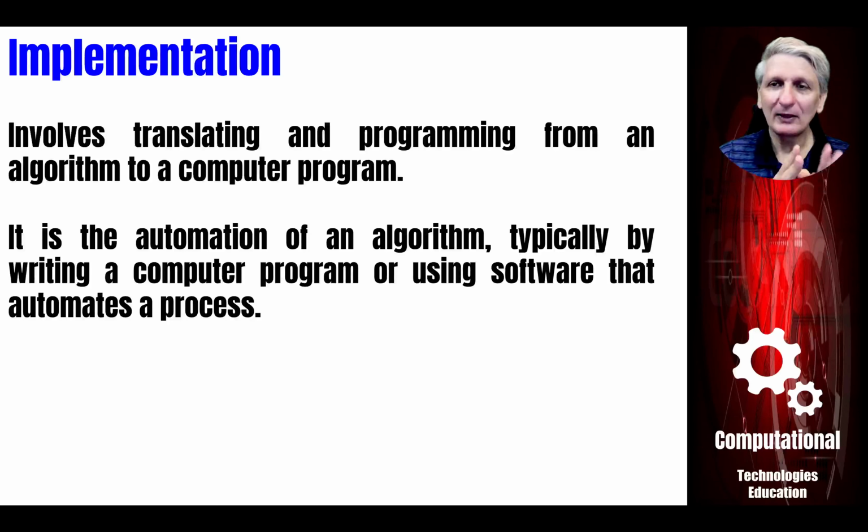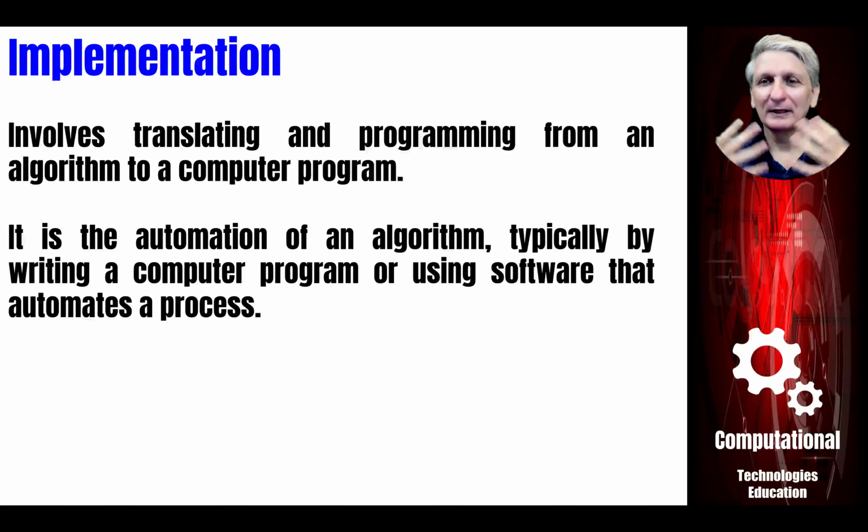But we take that and we turn it into our block-based programming language or other programming languages. We translate it. And essentially, the implementation of an algorithm, that automation of an algorithm, is what we call computer programming.